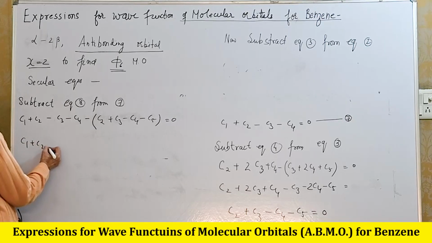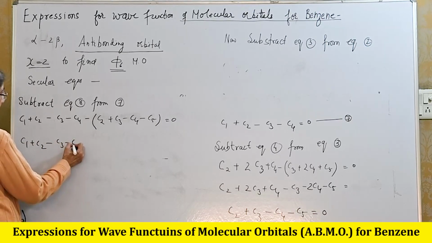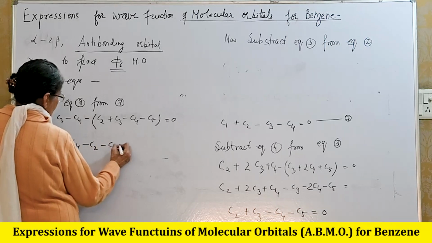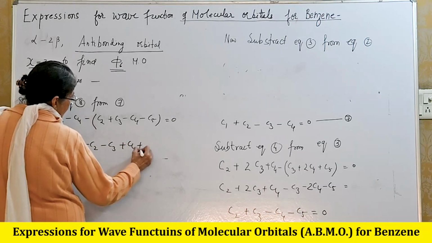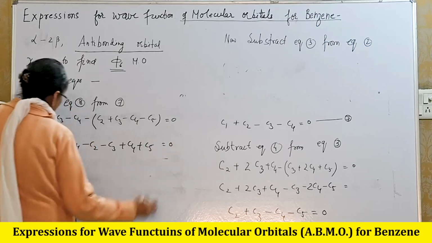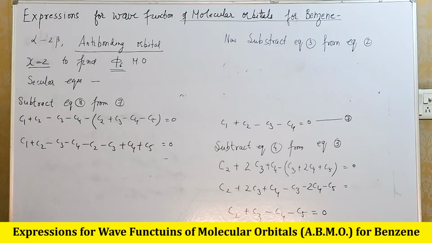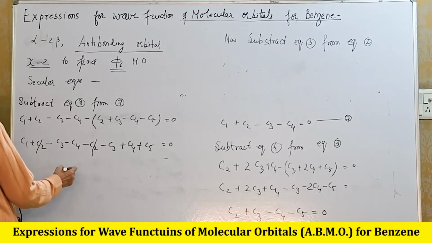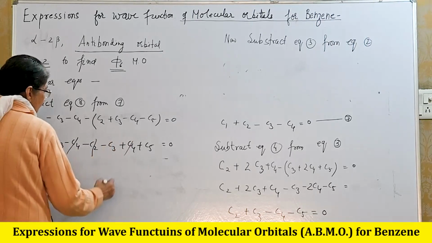C1 plus C2 minus C3 minus C4 minus C2 minus C3 plus C4 plus C5 is equal to 0. Therefore, C2 will be cancelled and C4 will be cancelled.